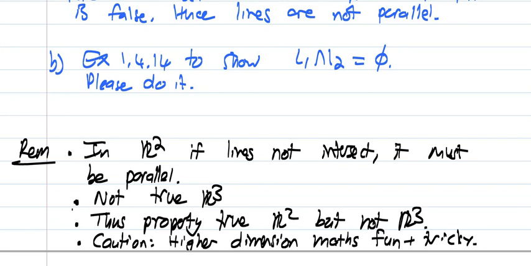So as a little bit of caution, it shows you that high dimension mathematics can be tricky, but it can also be lots of fun. So our study of lines and parallel lines is quite important because we see new things happening when we're looking at lines in 3D compared to lines in 2D.